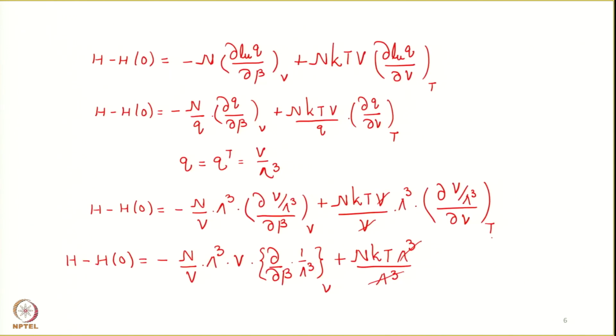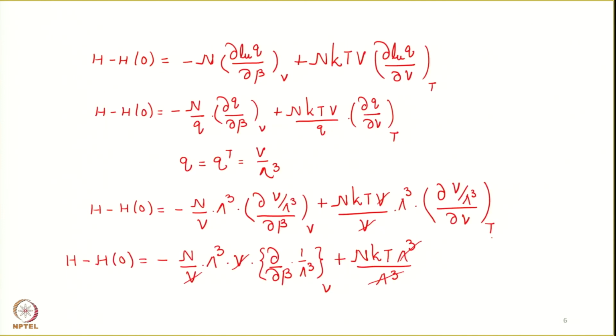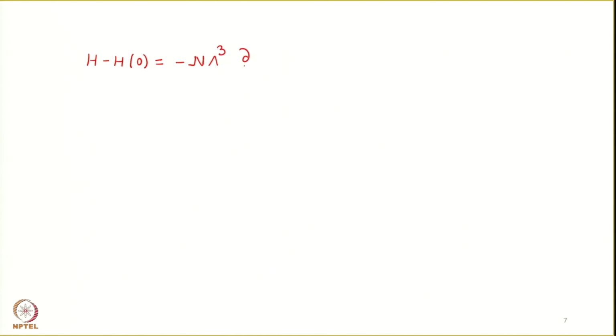So I have H minus H0 is equal to minus, this V and V I can cancel now, minus n lambda cube into derivative of 1 by lambda cube with respect to beta, del beta of 1 by lambda cube at constant volume, plus what I had was nkT.